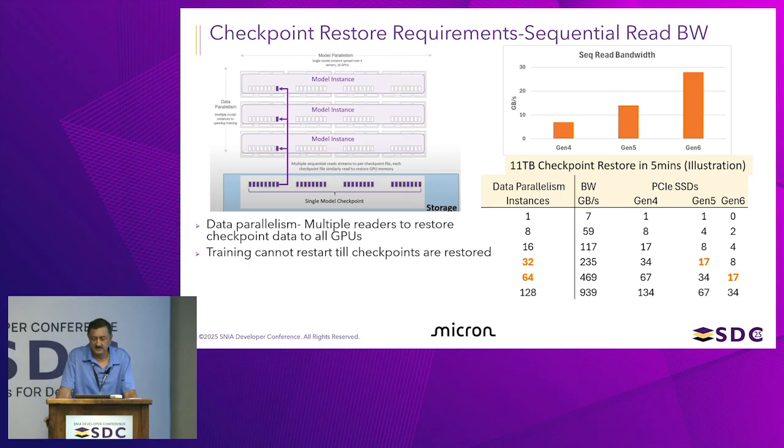And this example essentially is highlighting the fact that you can go from a 32 instance data parallelism to a 64 instance parallelism, keeping the same number of SSDs if you've switched from a Gen 5 to a Gen 6. So the higher sequential read bandwidth gives you that benefit. So these are two examples of bandwidth improvement that could help accelerate training tasks in the AI pipeline.